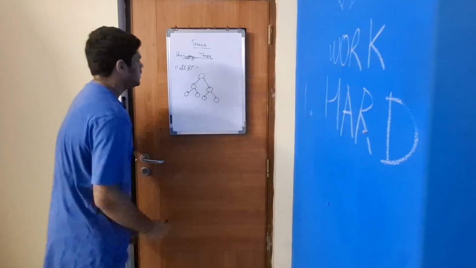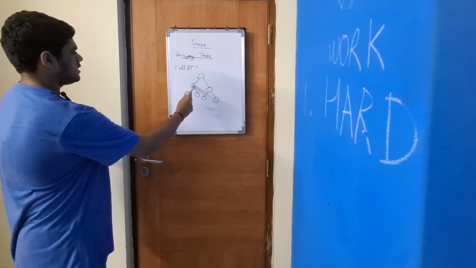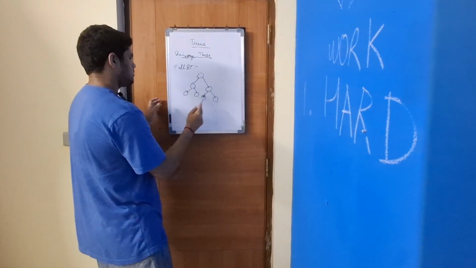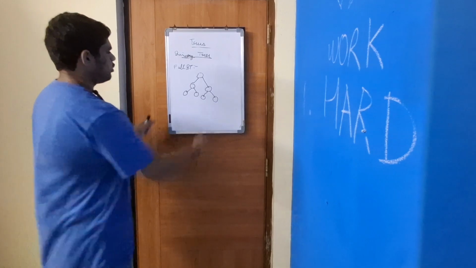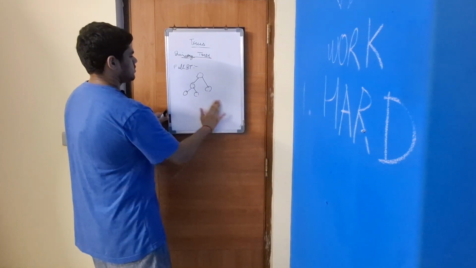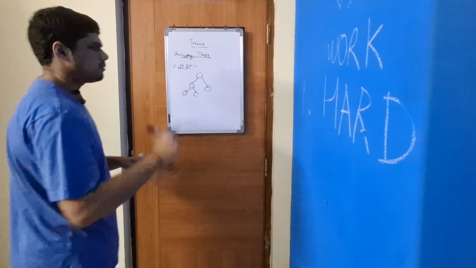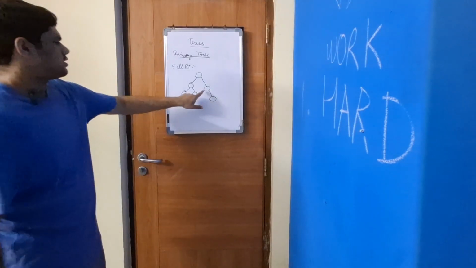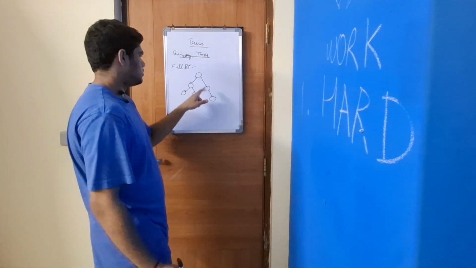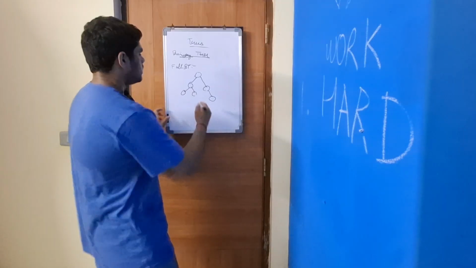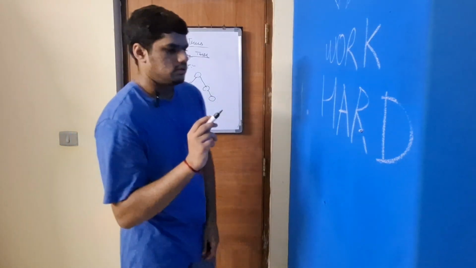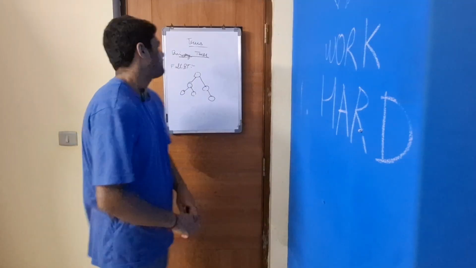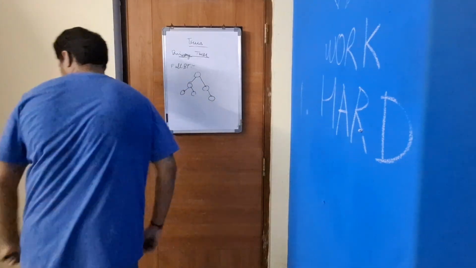That means this particular node has two children. Has two children. Has two children. Now it could have been something like this. This is also a full binary tree. But it can't be like this because this node has only one child node. It should have zero or two children nodes. So yeah, this is full binary tree.